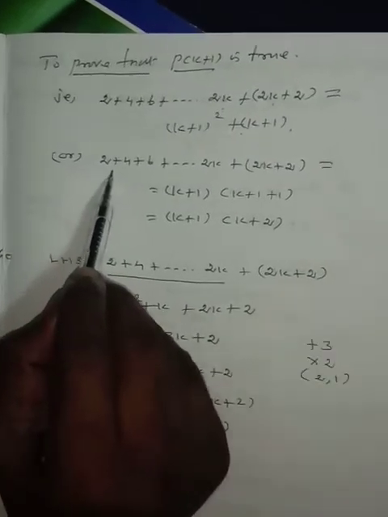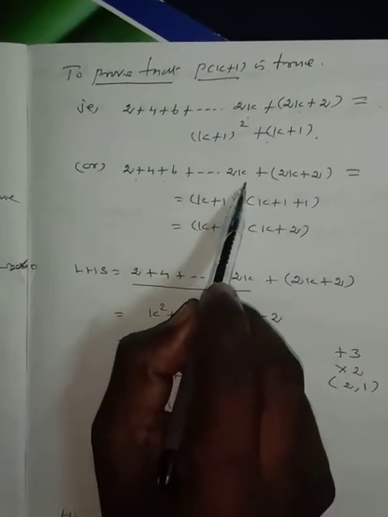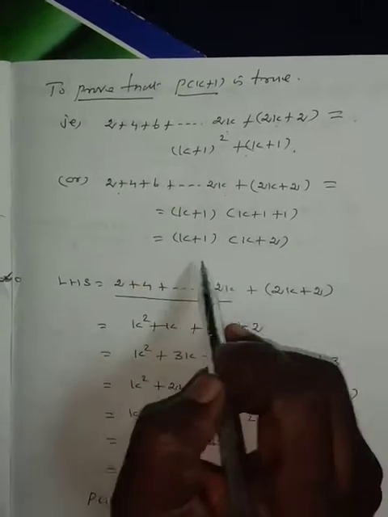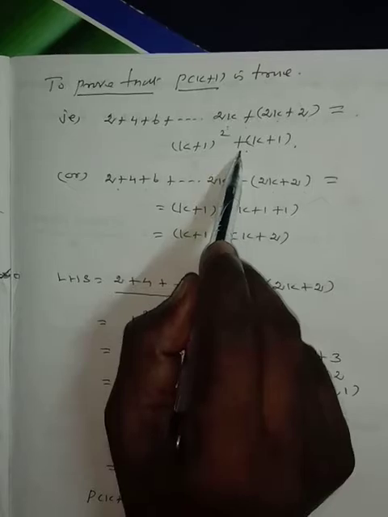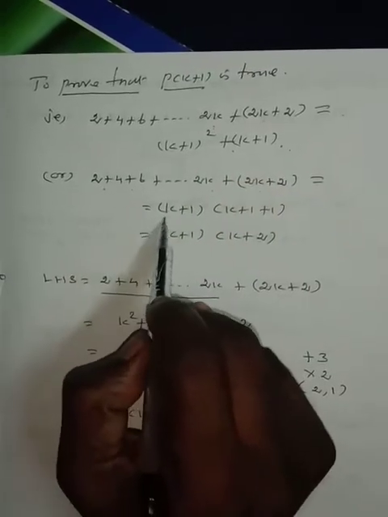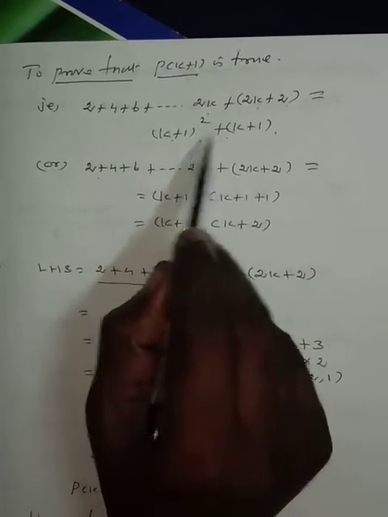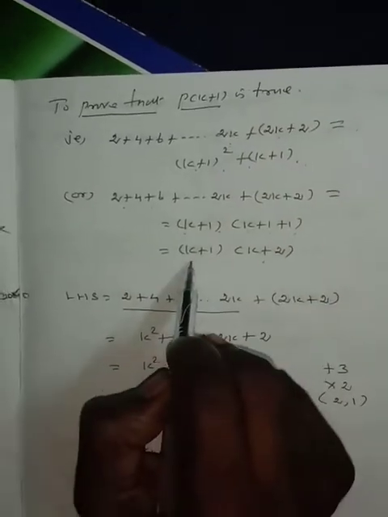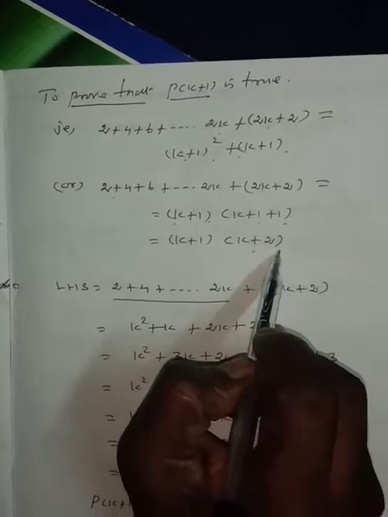On the right hand side, k plus 1 whole square plus k plus 1, take k plus 1 common, remaining k plus 1 plus 1, which is k plus 2. Okay. So k plus 1 into k plus 2 is the right hand side.